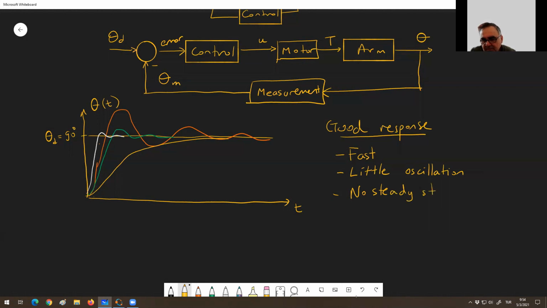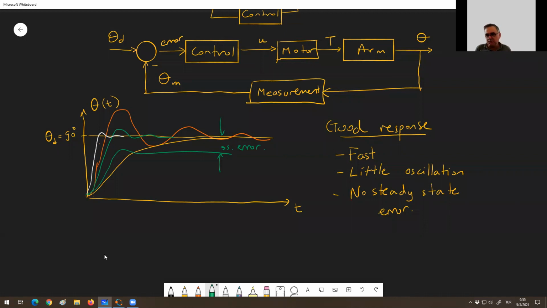Steady state error. Actually, I didn't draw a response with steady state error here. Let me draw one. For example, you might have a response like this one. This one would have a steady state error. This is a steady state error. Steady state error means you want the door or the arm to rotate 90 degrees, but then it rotates only 60 degrees in the end.